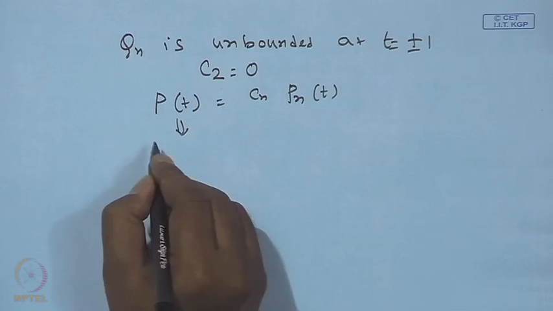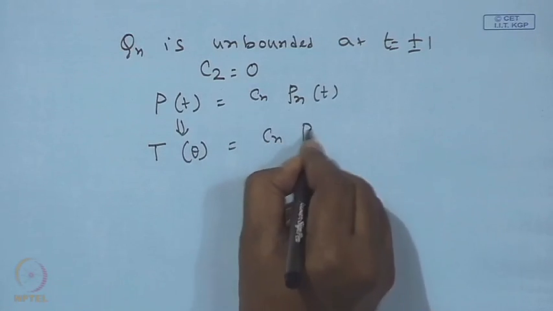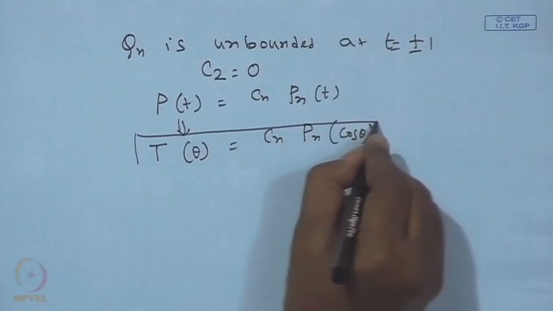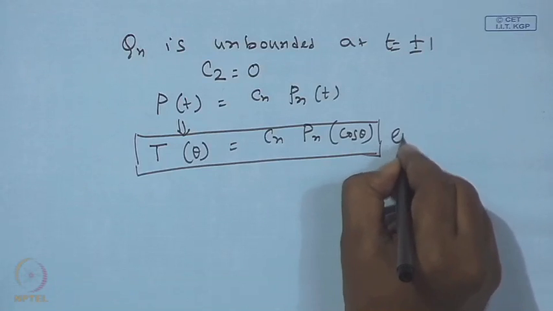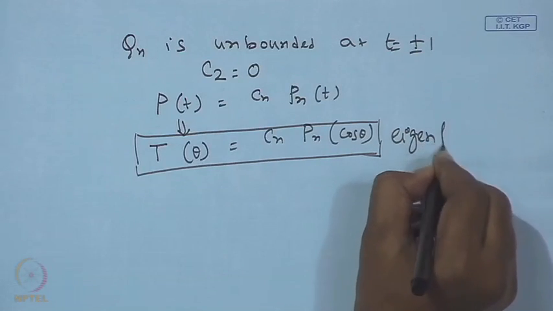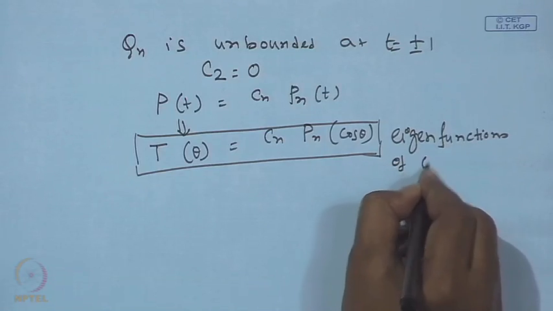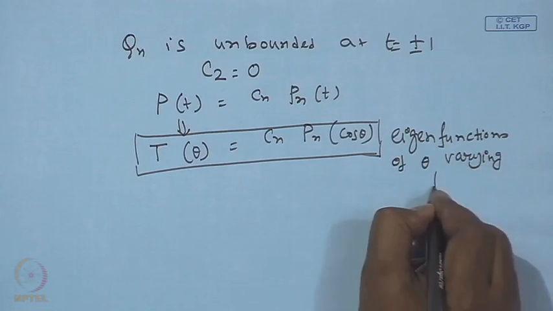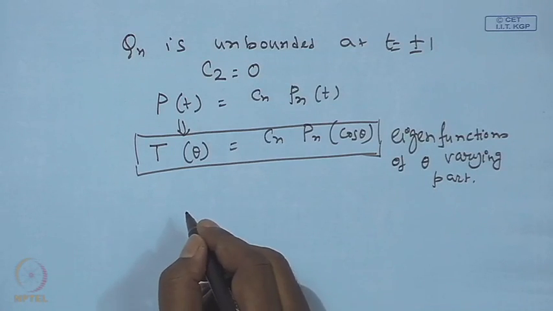In terms of theta, the theta varying part T of theta is equal to C n P n cosine theta. These are the eigenfunctions in the theta varying part, and the eigenvalues are n into n plus 1, where the index n runs from 1 to infinity.